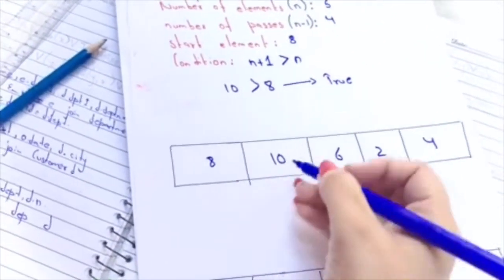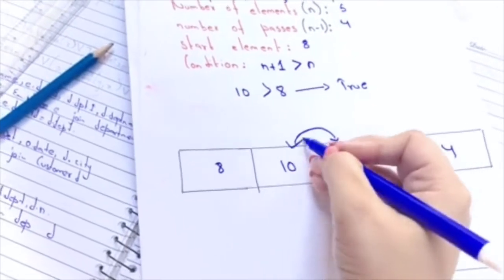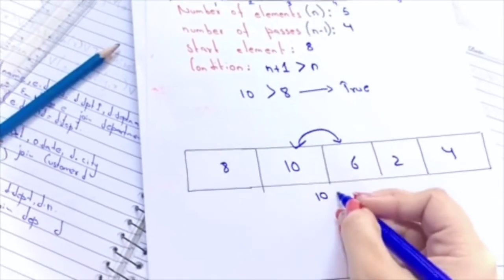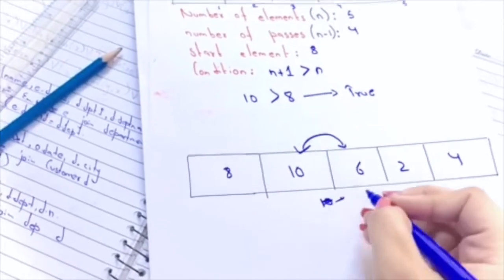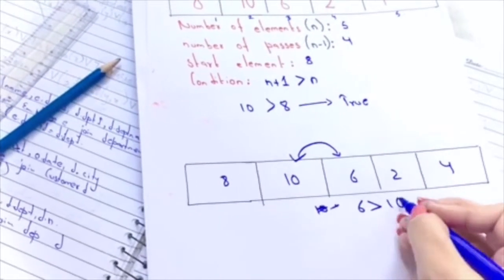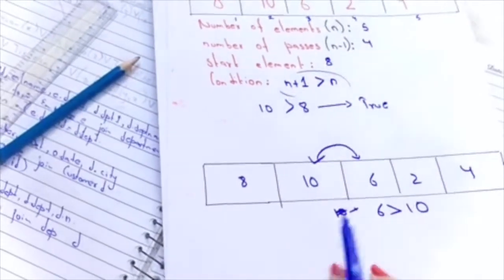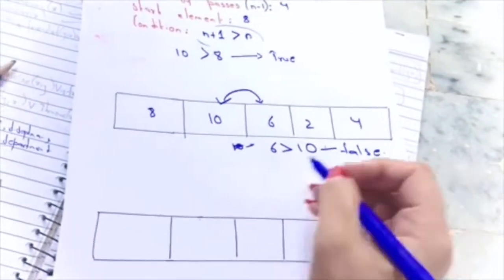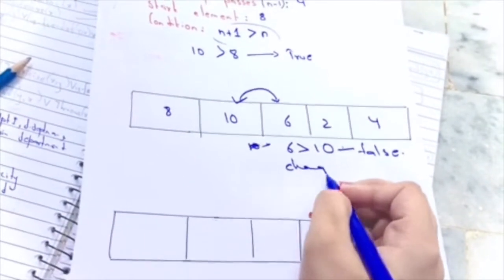Again, we are going to check the condition with these two elements. So we have 10, and then is 6 greater than 10? The condition lies over here. Since this is false, that means we need to change position.